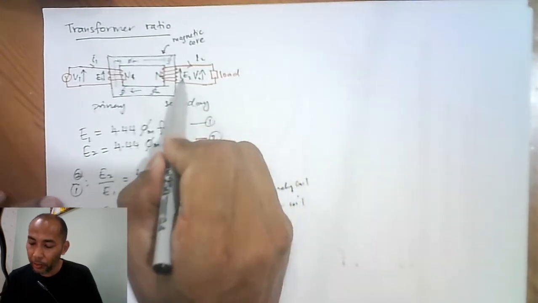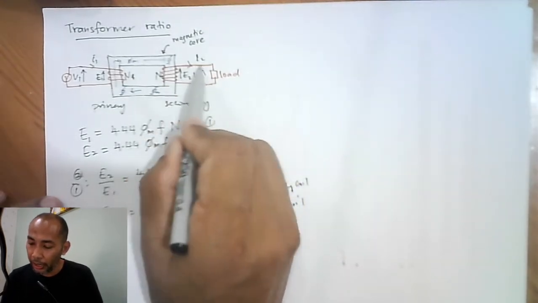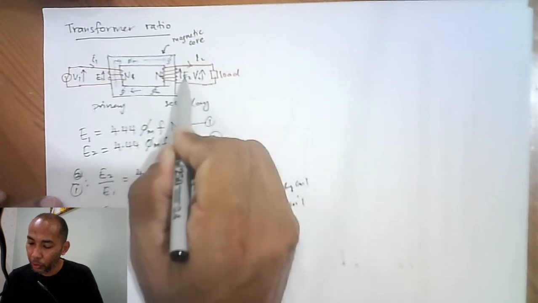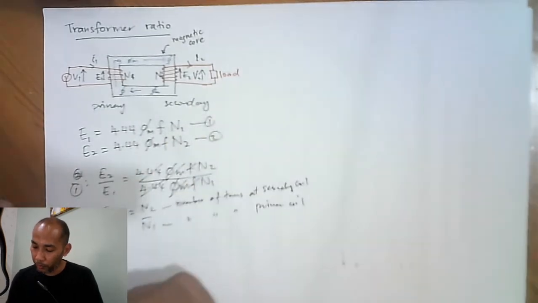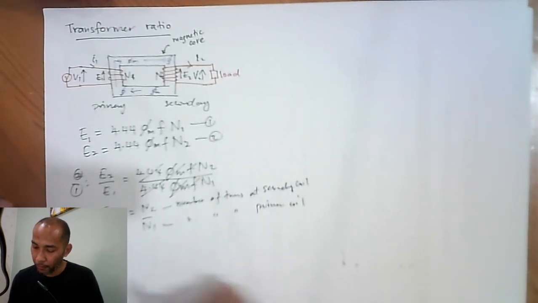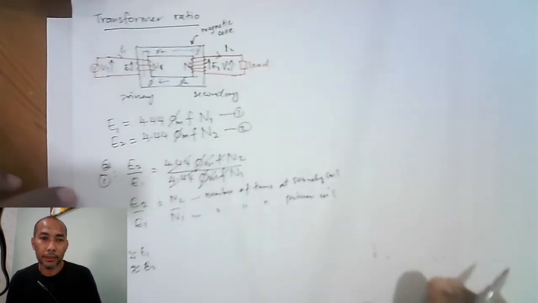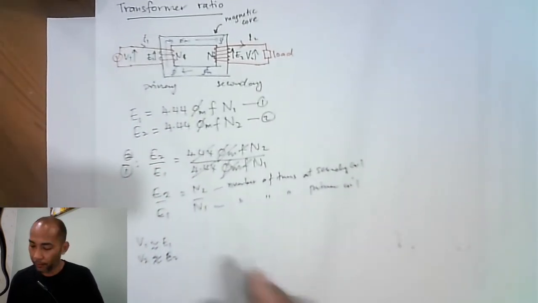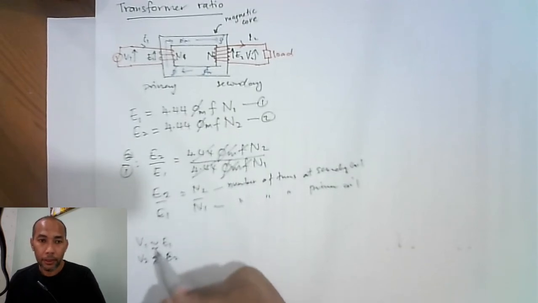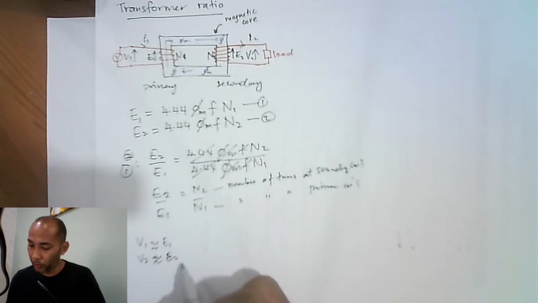Also at the secondary side, we assume there is no loss at this cable, so E2 is approximately V2. V1 approximately E1, V2 approximately E2.